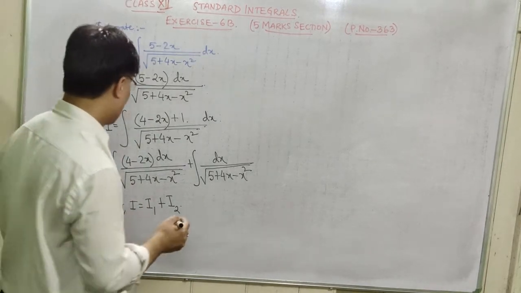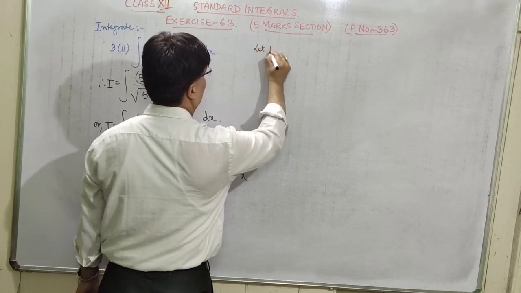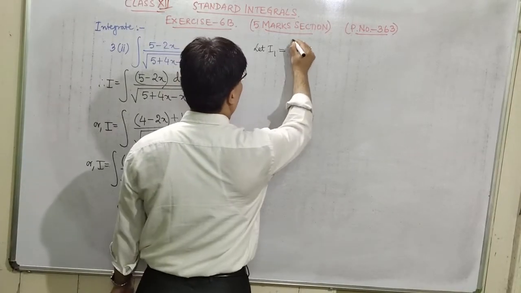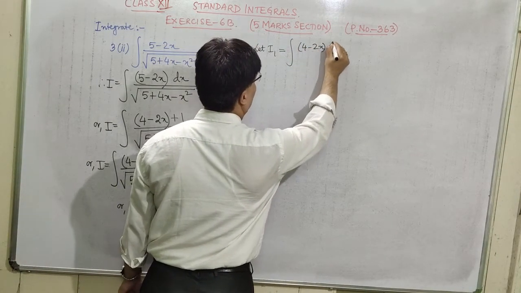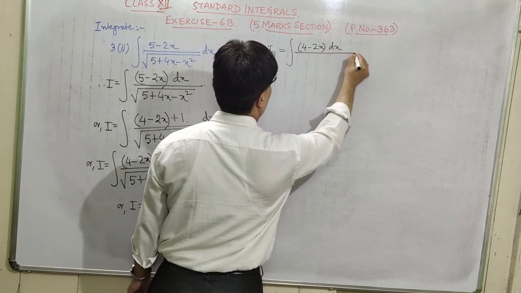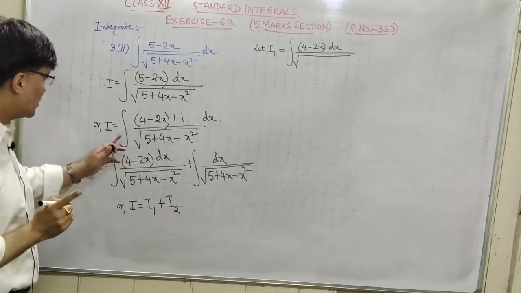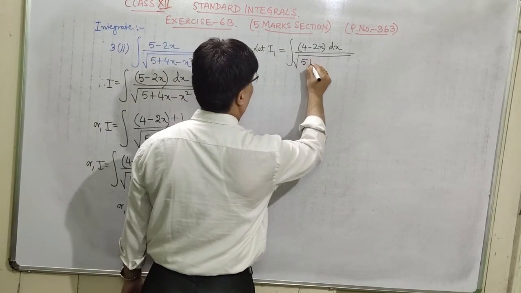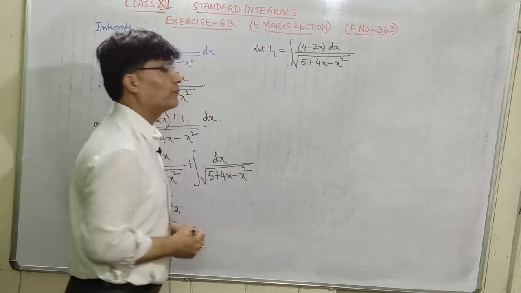So let us write I1 is equal to, what is I1? Integration of 4 minus 2x dx divided by within square root, what do we have within square root? 5 plus 4x minus x square.